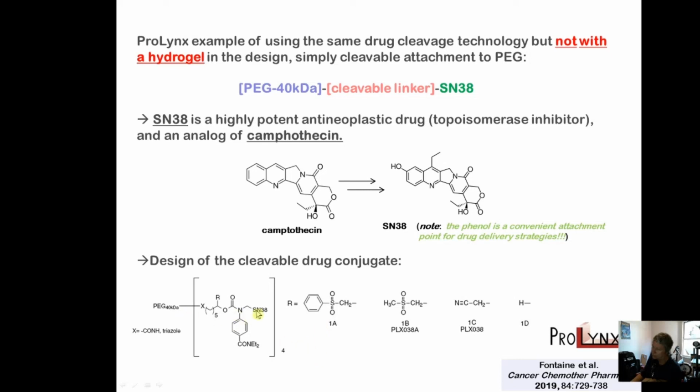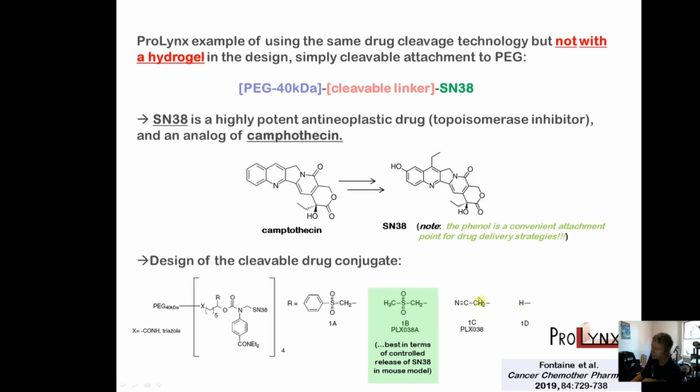Anyway, so these are a couple of the R groups they use as modulators. They did some optimization, and they found that this one happened to be the best for controlled release of SM38 in a mouse model in terms of having usable anti-tumor activity. So these ones all have different rates, and this one just happened to work best in a mouse model.